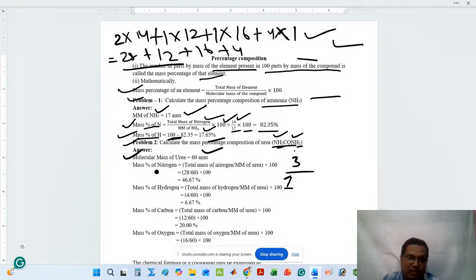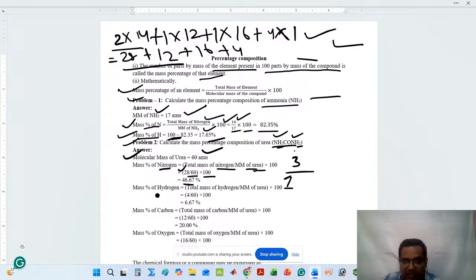Mass percentage of nitrogen means total mass of nitrogen divided by molecular mass of urea into 100. Here total mass of nitrogen is 2 into 14, that means 28. Molecular mass of urea is 60. So here I can write 28 divided by 60 into 100. After calculation, you can find 46.67 percent.